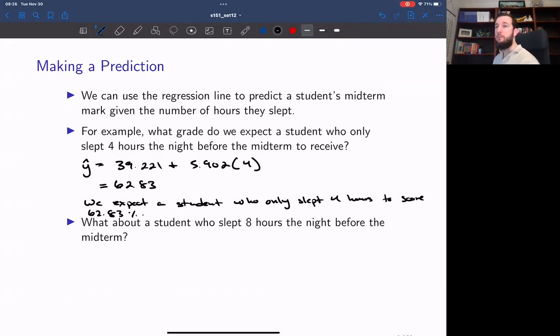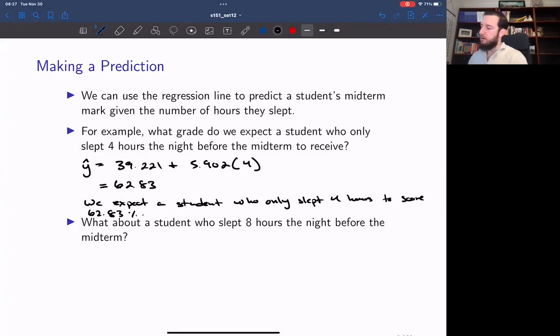Okay. So again, pretty straightforward process. We have a line that links midterm mark to the number of hours of sleep. So we have our line linking the response variable to the predictor. We're plugging in for the value of the predictor and we get out that response.